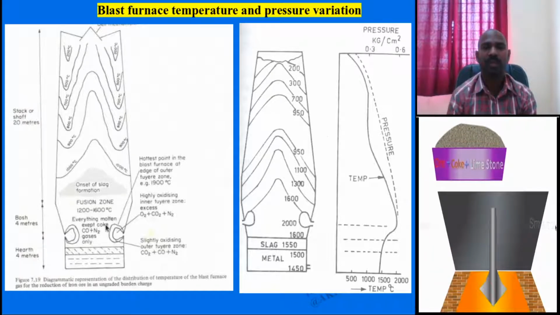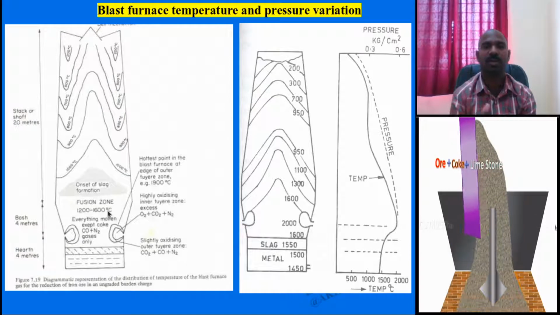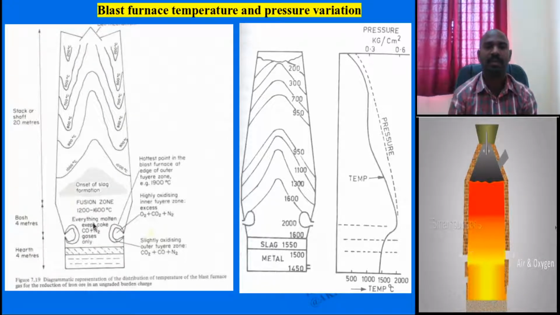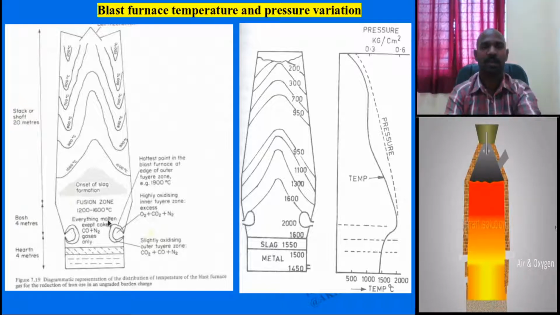That is why some amount of coke remains unburnt in the center zone, which floats above the slag, which we call the dead man zone.